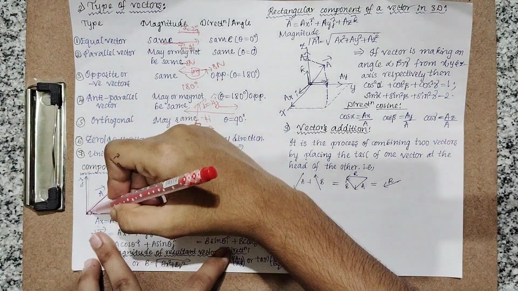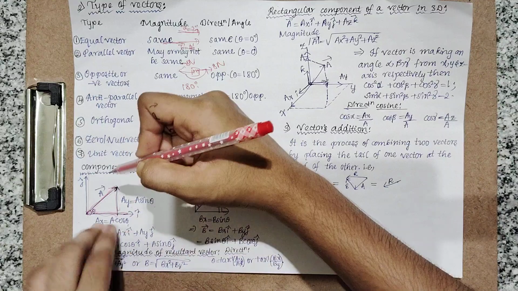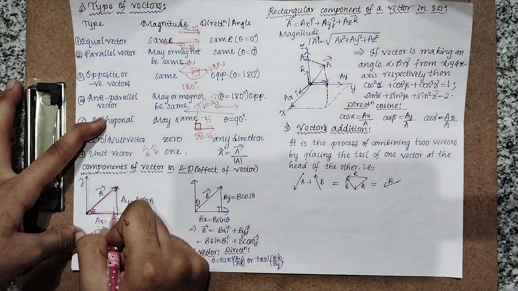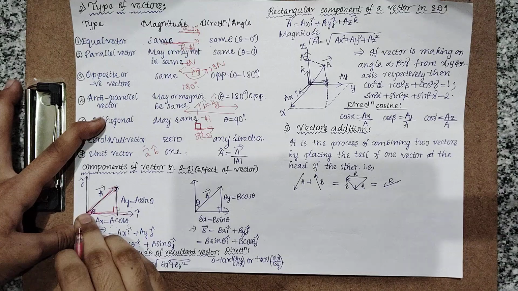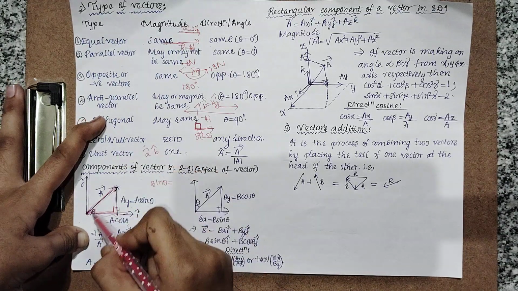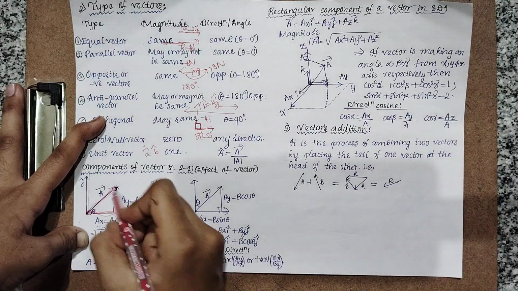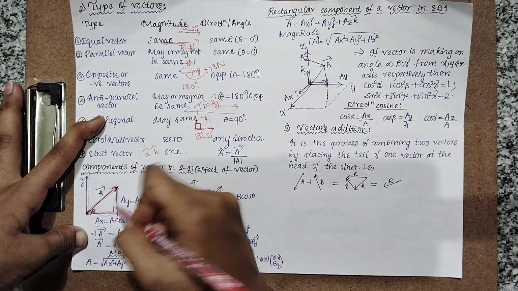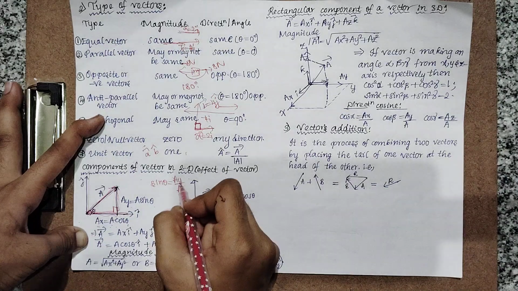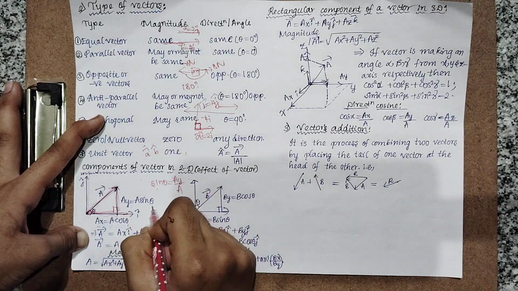Let us consider this as ax and this as ay. From this right angle triangle, sin theta is equal to opposite by hypotenuse. That means sin theta equals ay by a, so ay is equal to a sin theta.